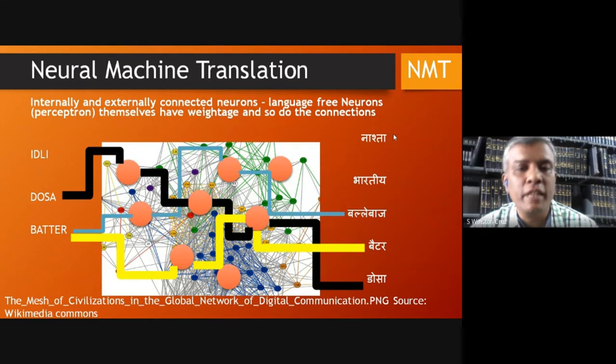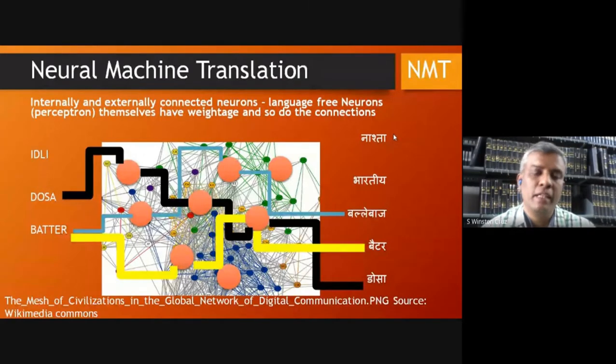If you see this, they have what we can call neurons. Professor Ganesh Ramakrishnan would use something like perceptrons, which you can see in some of his presentations. So there are different elements, both in the target and within the source, different words, different phrases, and they are all connected with each other.